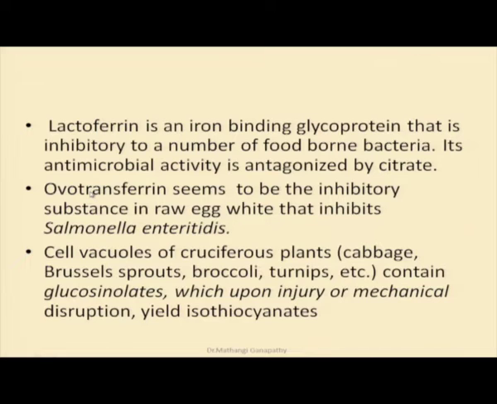The ovotransferrin in the egg is an inhibitory substance that inhibits Salmonella enteritidis, and the cell vacuoles of the cruciferous plants like cabbage, Brussels sprouts, broccoli, etc. contain glucosinolates, which, because of injury or mechanical disruption, yield isothiocyanate.